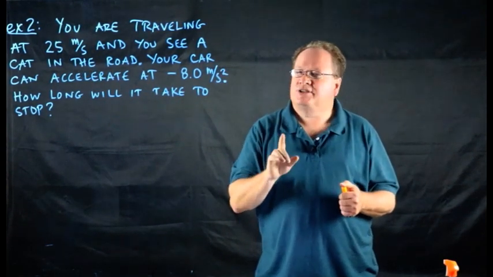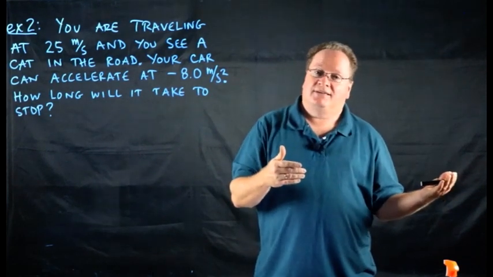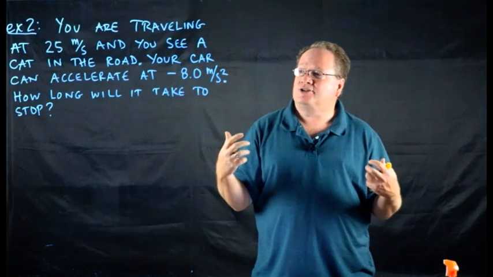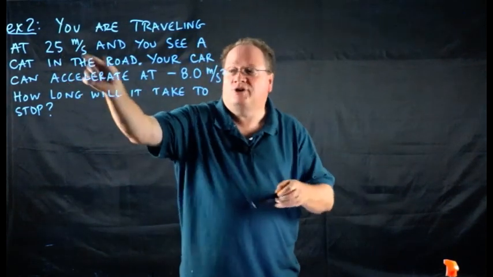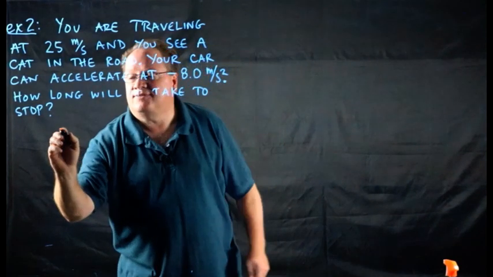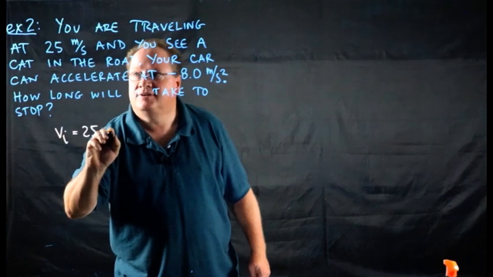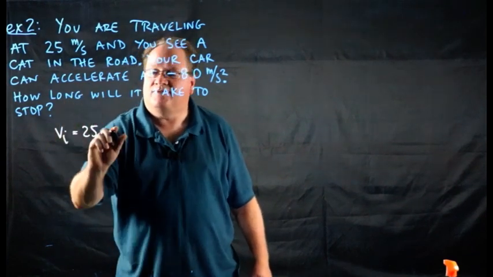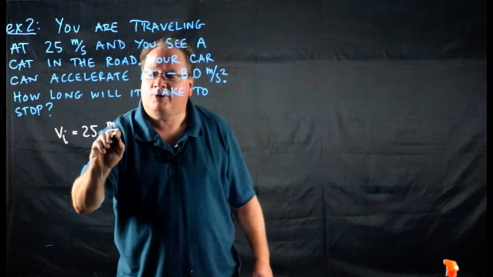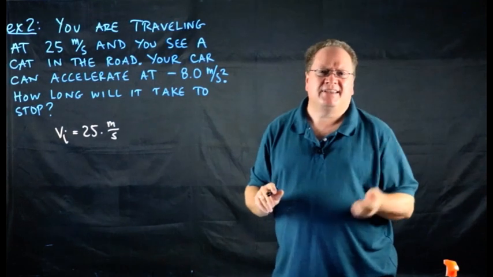The question is, is that your first velocity or your last velocity? If you've envisioned this question already and it's in your head what you're doing, this is your initial velocity. And so I would say VI equals 25. Oops, I'll leave the decimal there. It has the same number of sig figs. Meters per second. Could you guys tell me what your VF is at this point?